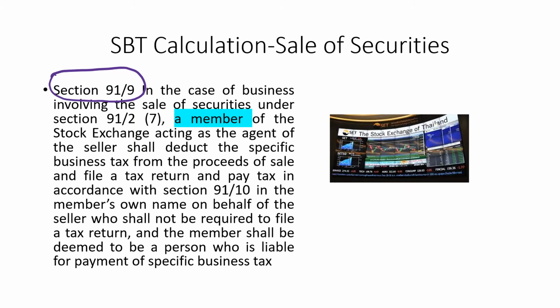Similarly, in the case of sale of securities on the stock exchange, section 91/9 also provides a specific method for calculating the specific business tax, which imposes an obligation on the brokerage firm that is a member of the stock exchange to do this job.